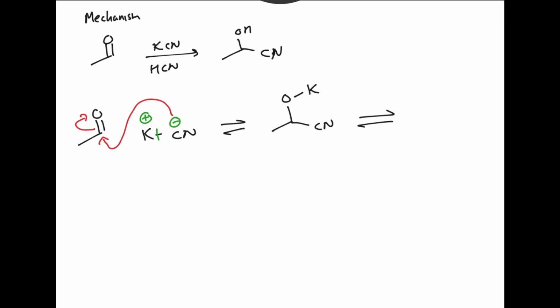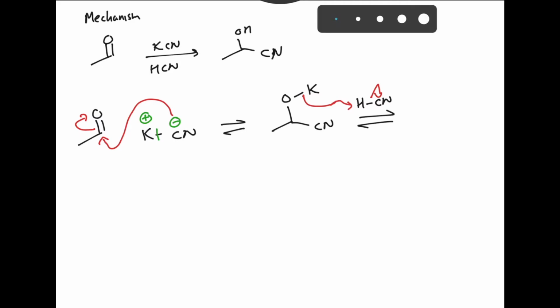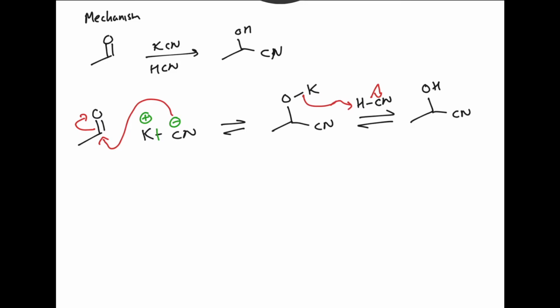So here's where the HCN comes into play. Once we have that O minus, we're able to have it grab the proton off of HCN. That makes our cyanohydrin plus regenerates KCN. So we're kind of cheating here, right?